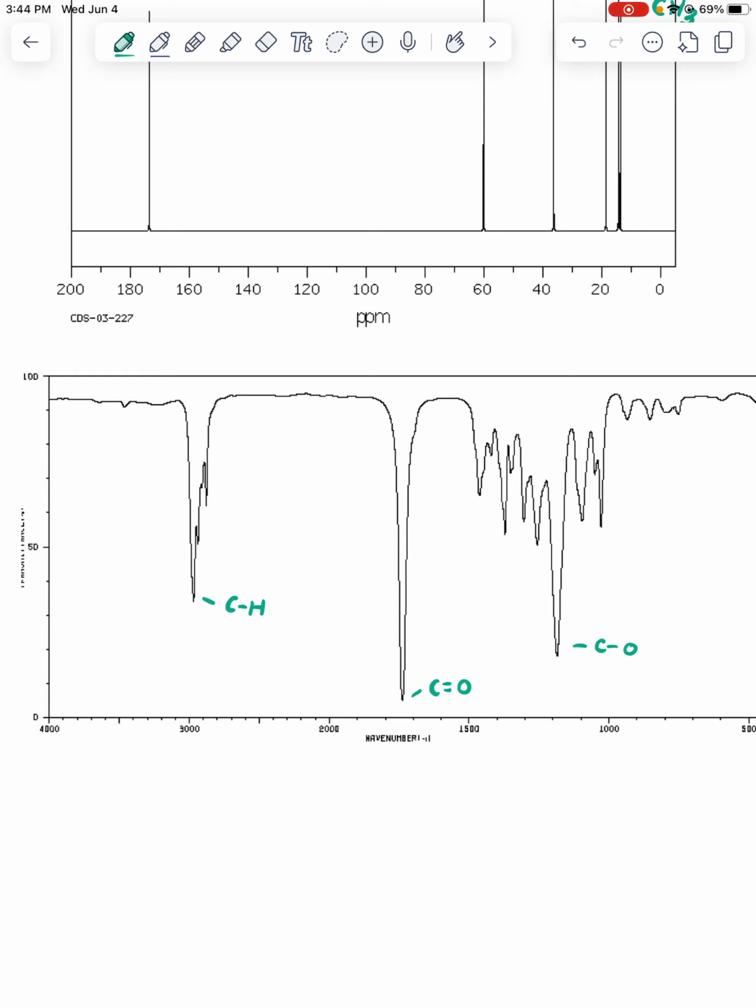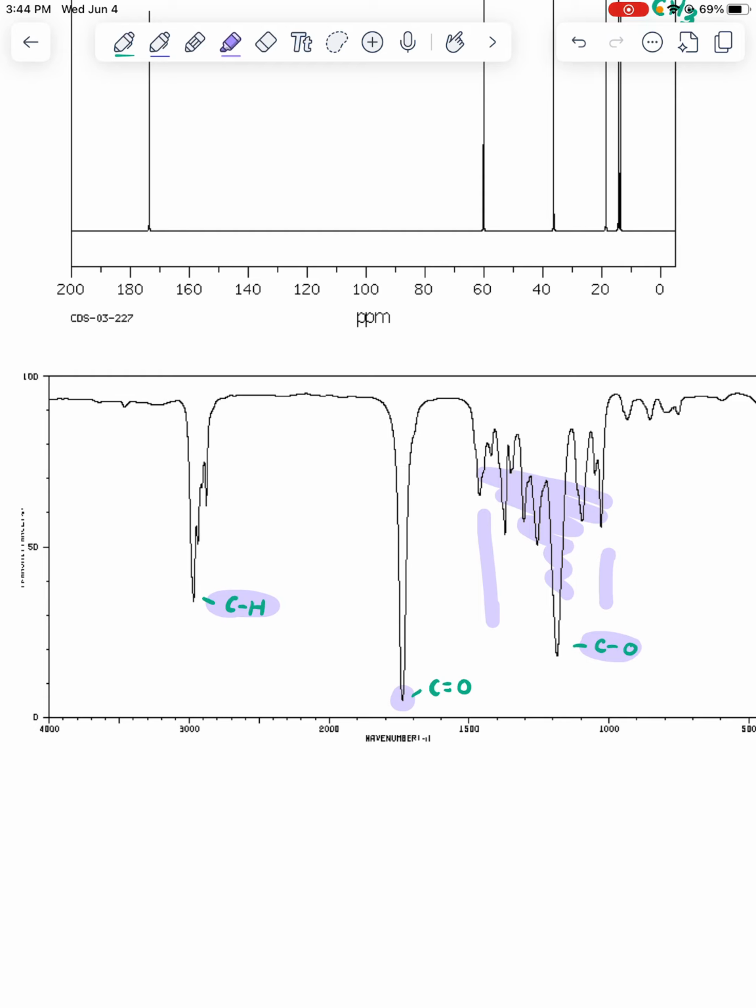There's also a peak around 2980, which shows the CH stretch, and then there's a broad set of peaks from around 1100 to 1300, which shows a C-O stretch, which again might be showing an ester.